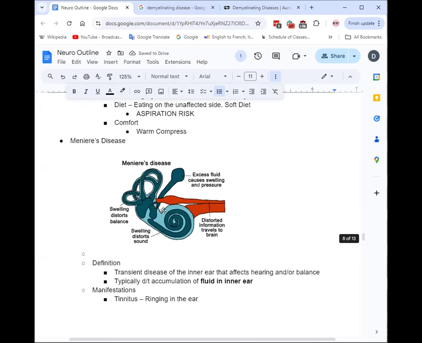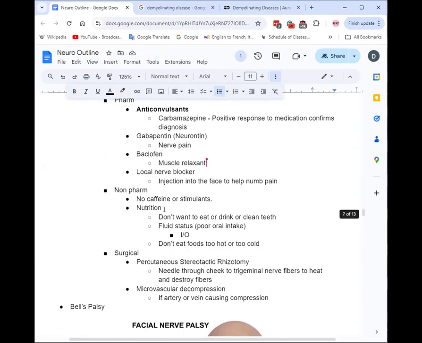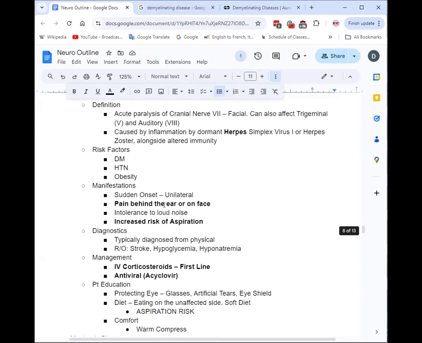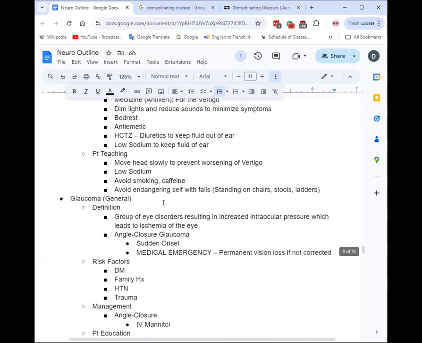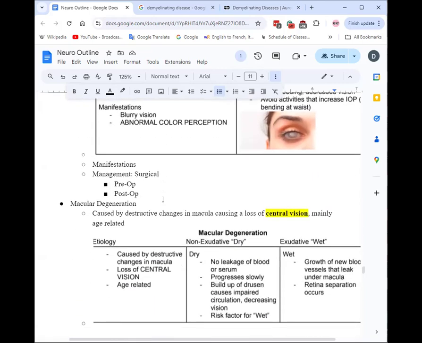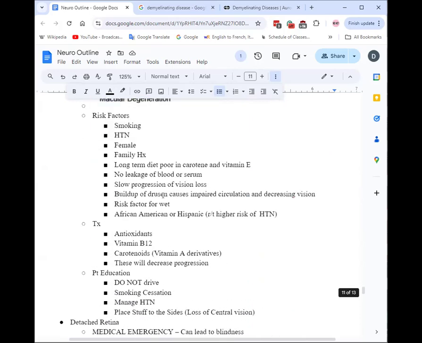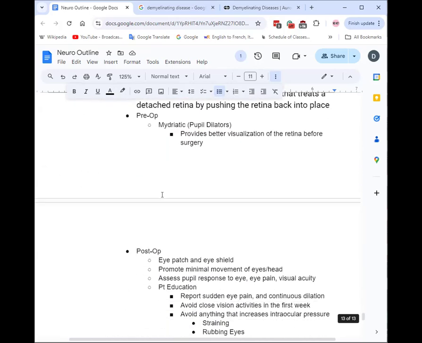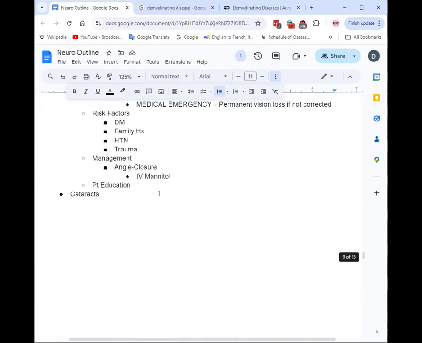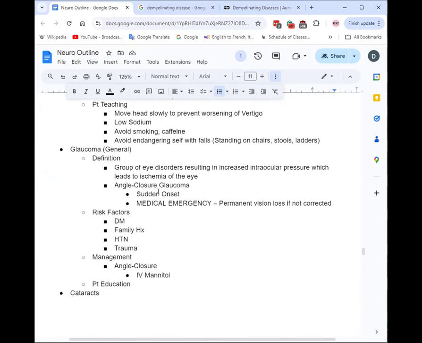Any questions before we move on to eyes? And for your eye stuff, I just presumed we were going to run out of time, so a lot of it is just filled out, and I'm just going to talk about it. But you guys can ask questions. Do you want me to unfill it out so you can interact? I don't think so, so we're just going to do it that way.